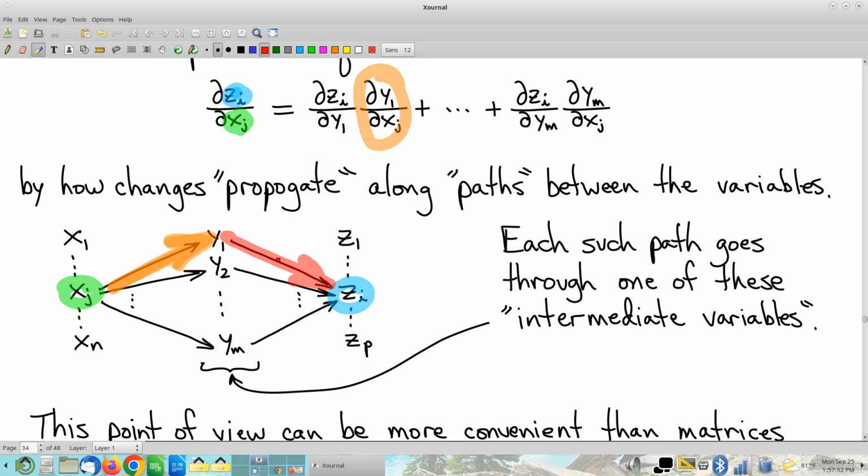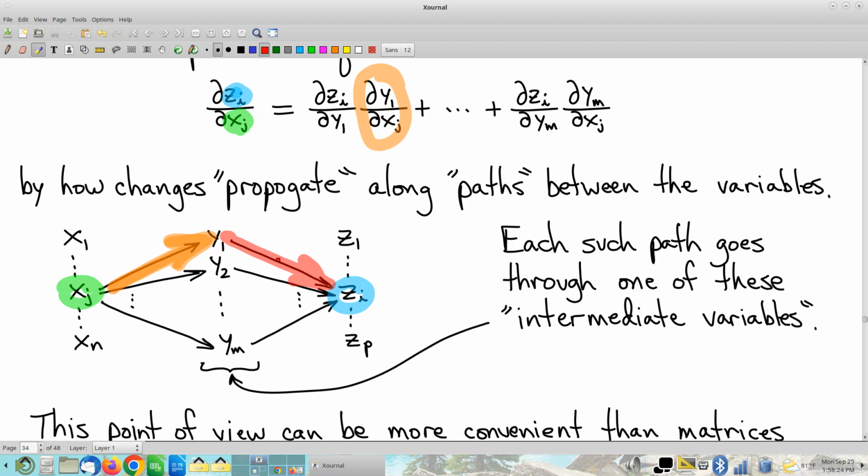Now, I emphasize here, I'm talking about y1 changing and only y1 changing. Yes, y2, y3, etc., are changing as well. We'll get to them later. But just the mere changing of y1 by itself contributes somewhat to how much zi is changing. And again, there's a factor. A change in y1 contributes to a change in zi.